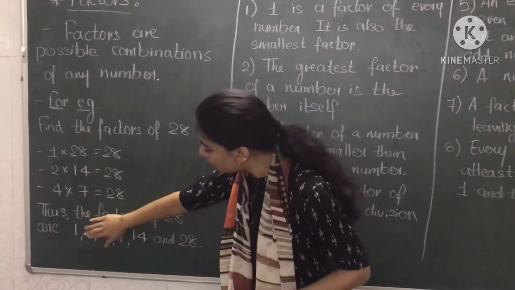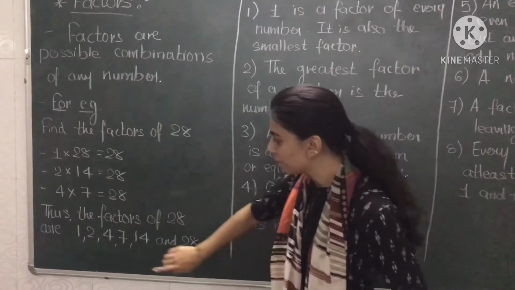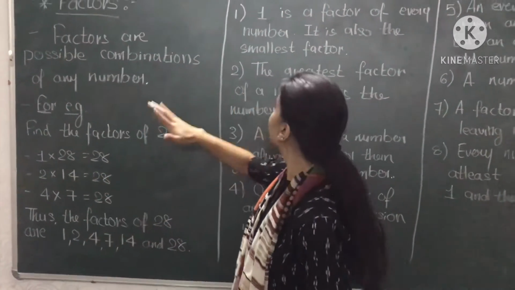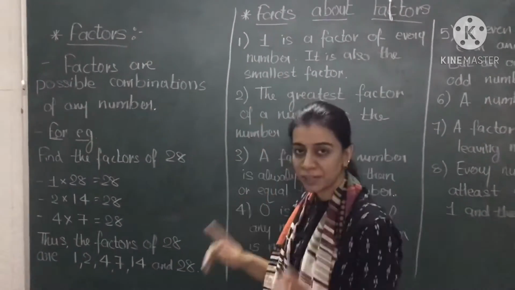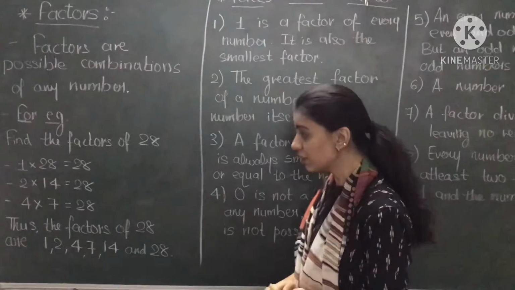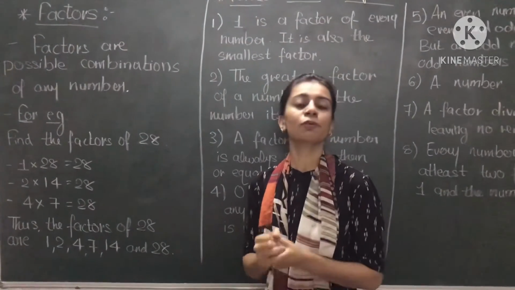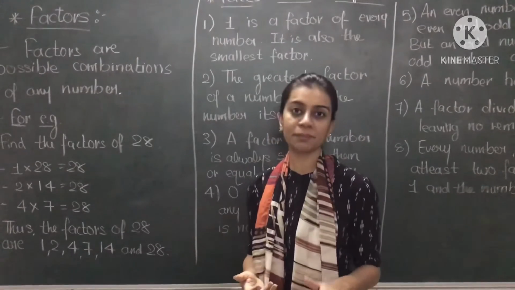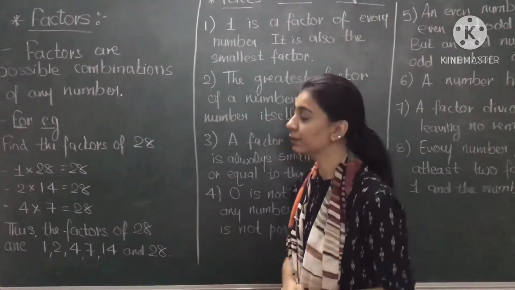And out of all these factors of 28, 1 is the smallest number. So 1 is the smallest factor of every number and 1 is also the factor of every number. Because any number you take comes in the table of 1. So 1 is a factor of every number and it is also the smallest factor.